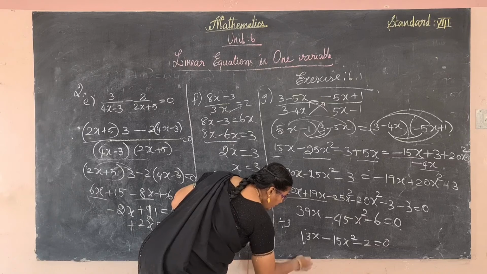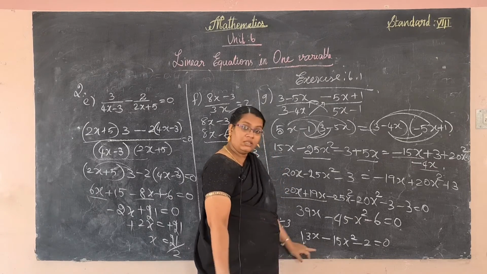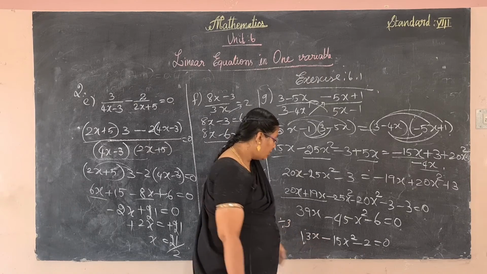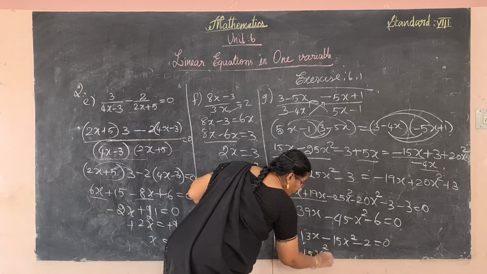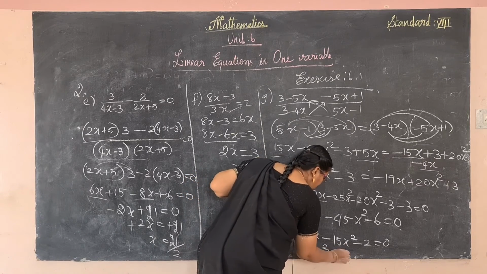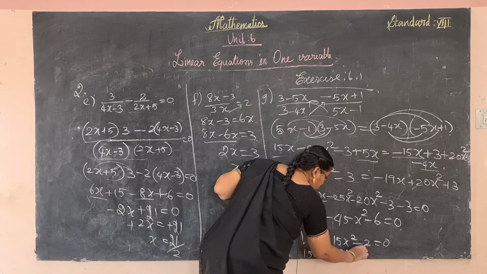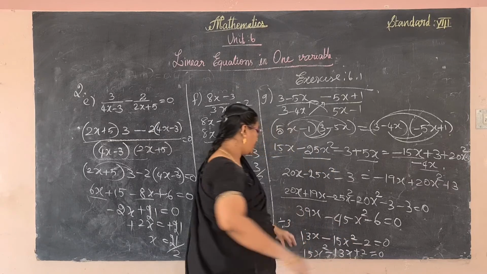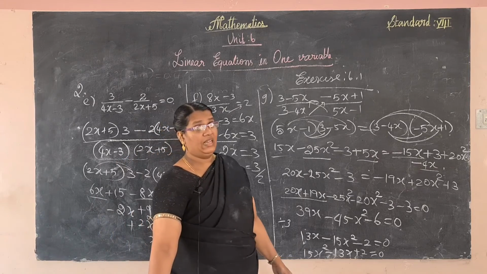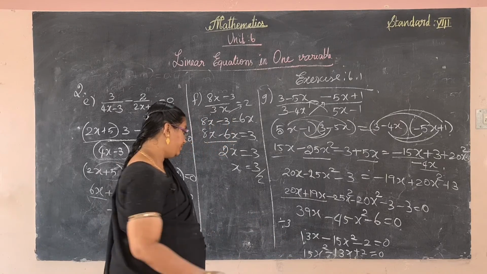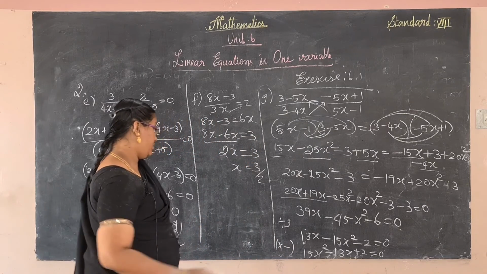The first term should be positive, so we have to multiply by minus. So 15x square plus 2 plus minus 13x plus 2. When we multiply by minus, minus will be changed to positive, positive changes to negative.